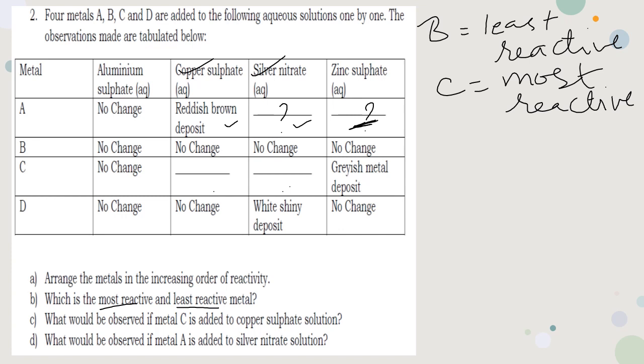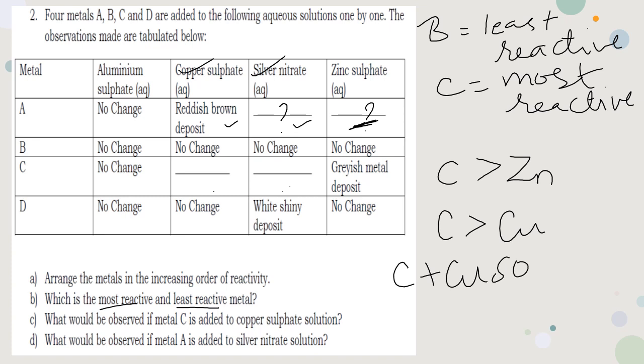So as I just mentioned, metal C is more reactive than zinc. So it will be more reactive than copper. So when you add this C to copper sulfate, reaction will take place. Blue color of copper sulfate changes to colorless.